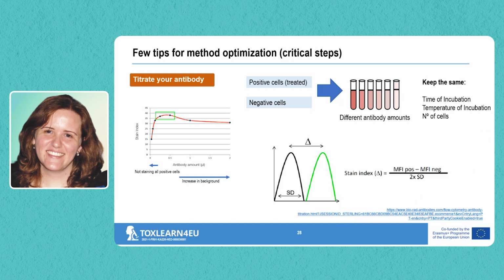So you will see a curve with the maximum intensity for the negatives, for the positives, and you should do something like this, okay? So you take the fluorescence intensity of the positive minus the negative, you divide it by the SD of the negative, and this will correspond to your stain index that you will plot here, okay?